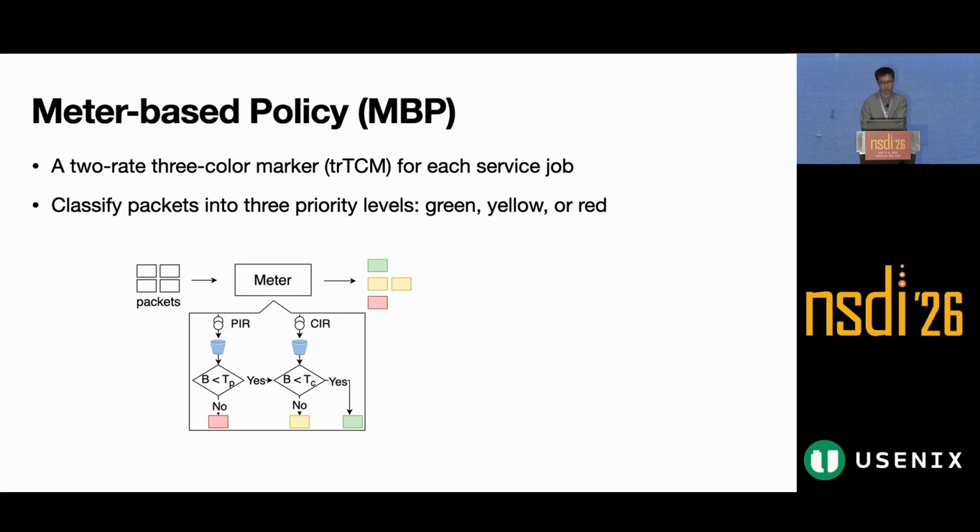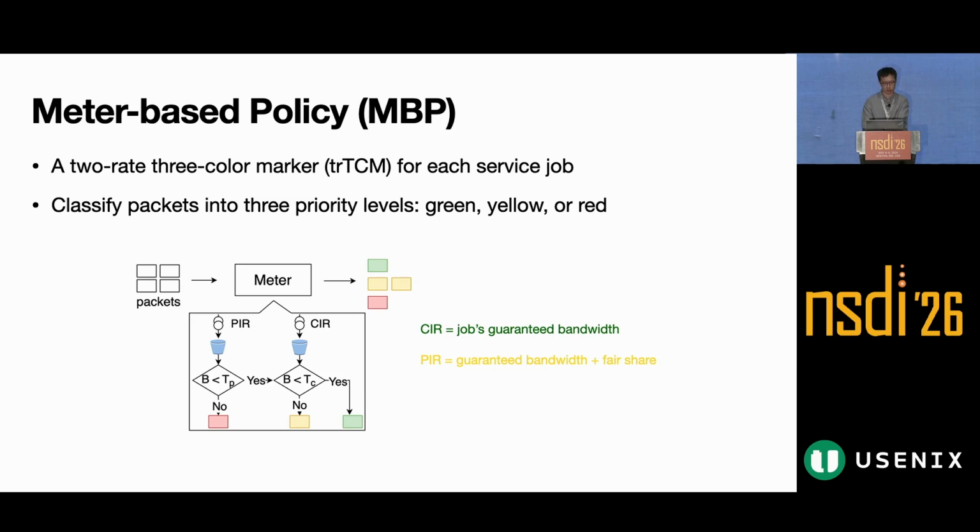Each meter is configured with 4 parameters. If we ignore the burst size considerations, we will have 2 parameters: committed information rate, CIR, and peak information rate, PIR. In our design, CIR is set to the job's guaranteed bandwidth, while PIR is set to the sum of guaranteed bandwidth and fair share bandwidth.